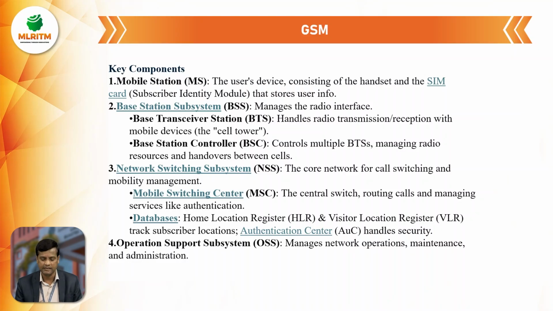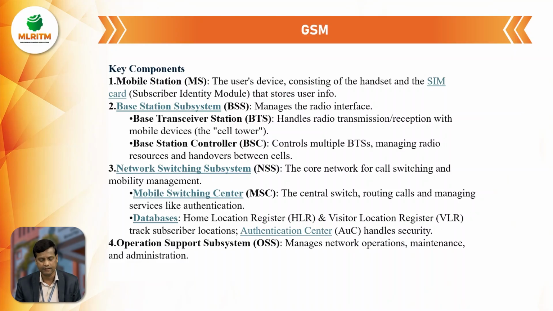What is in the mobile station? The user device consisting of the handset and the SIM card. What is the full form of SIM? Subscriber Identity Module, which stores the users' information. The second one is the base station subsystem, which manages the radio interface.